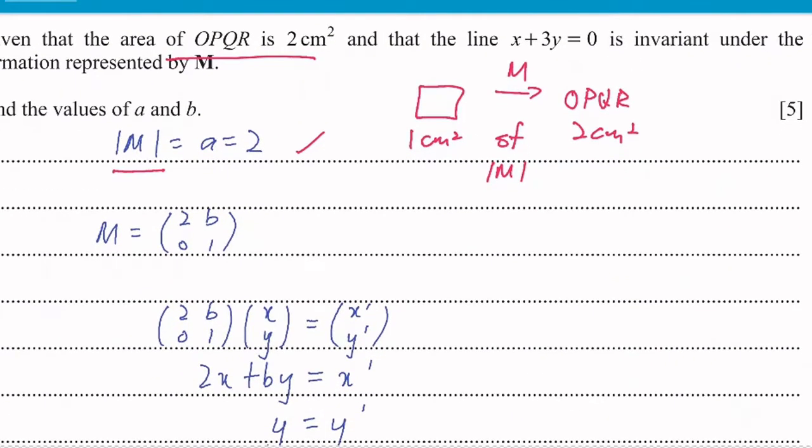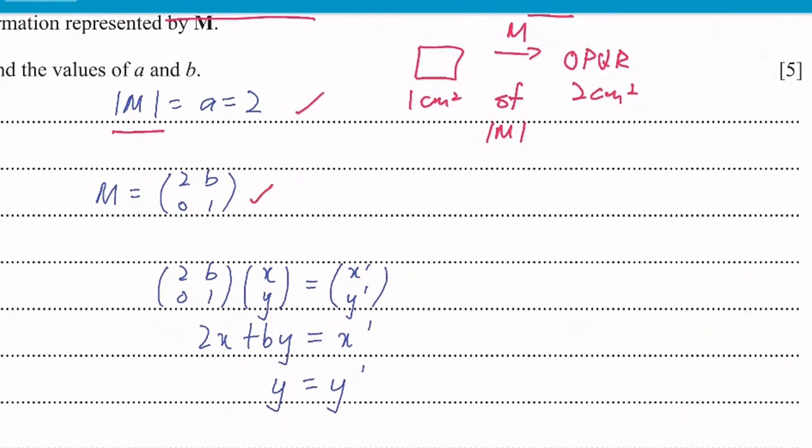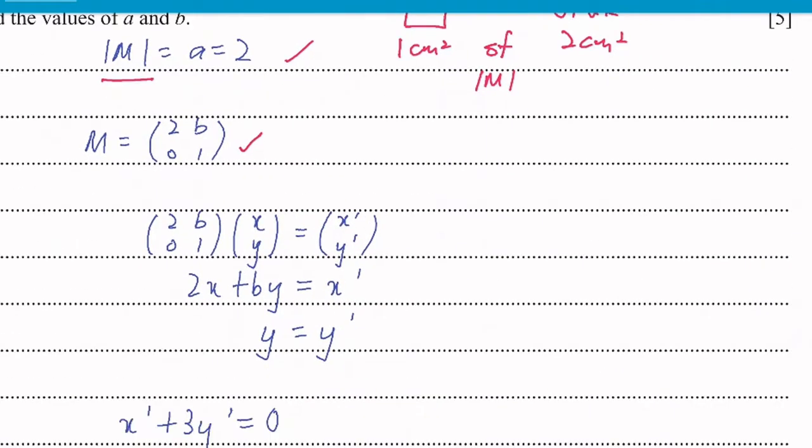For the second one, we have the line x plus 3y equals 0, which is an invariant line. This is our matrix M, and we can use an equation: the matrix multiplied by some point gives us x prime and y prime. So we find the coordinates of x prime and y prime.